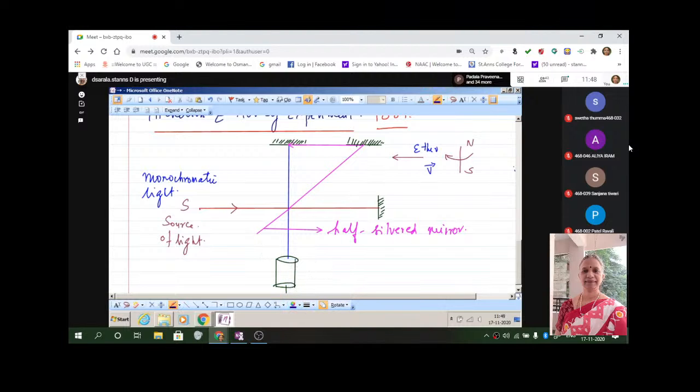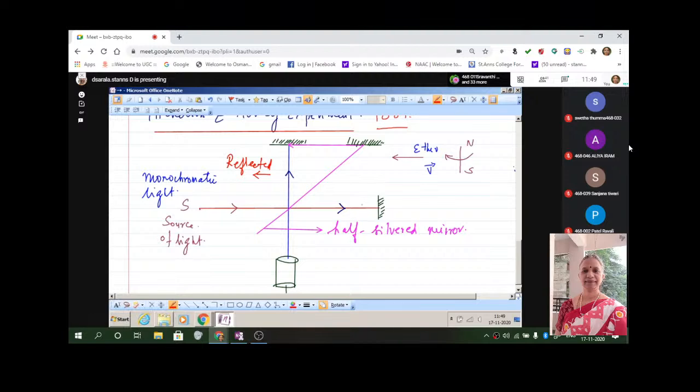So this light, when it is falling on this, part of it is transmitted, a part is reflected. So this is the reflected beam of light.